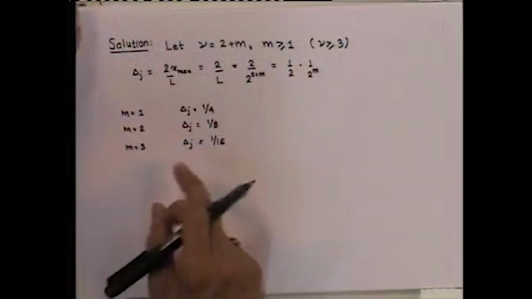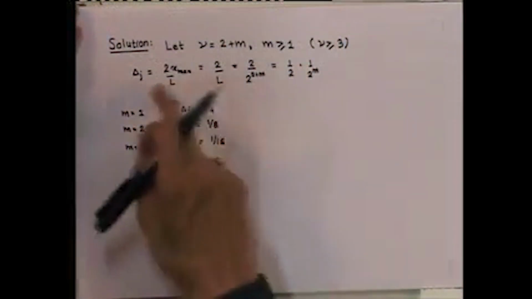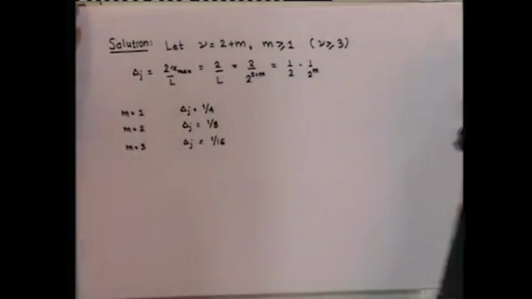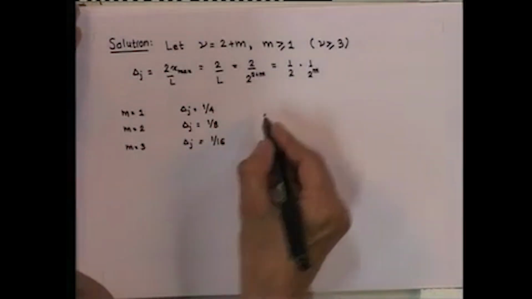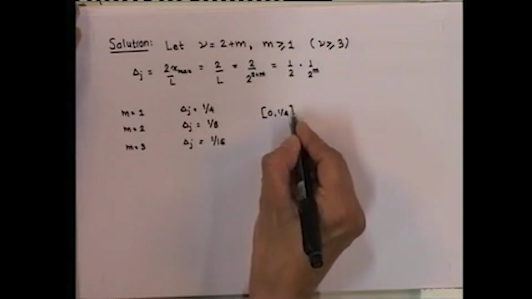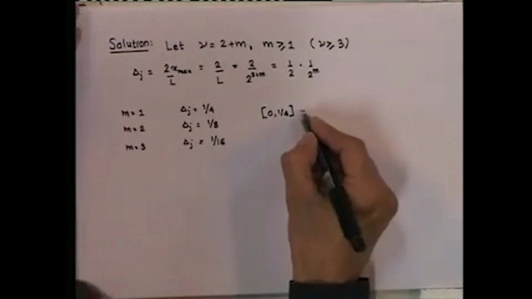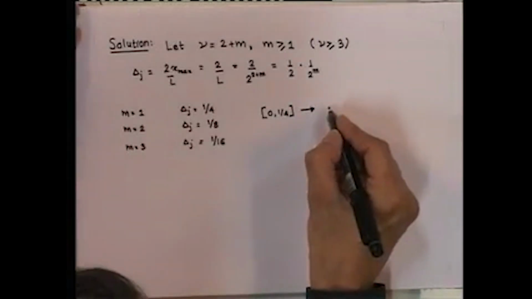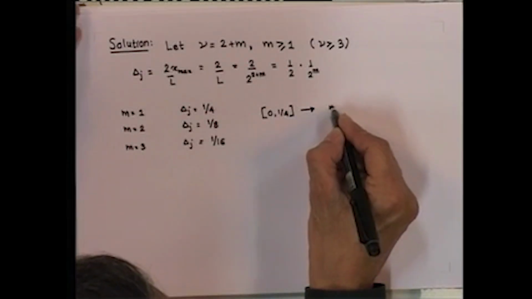Now, what these results show is that for any m, the interval between 0 to 1/4 is divided into an integer number of bands. Let us call those bands n.